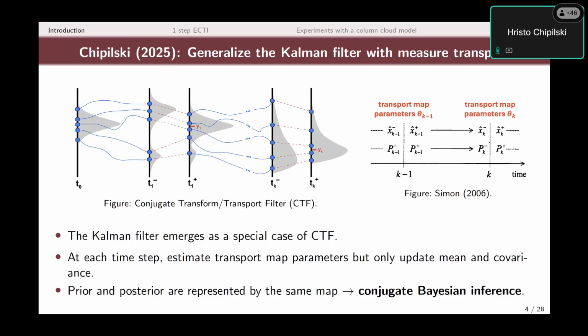This is known as conjugate Bayesian inference and has been inspiration for many similar filters, including the quantile conserving methods that Molly talked about, but also the gamma inverse gamma ensemble Kalman filters of Craig Bishop. We'll talk about this a little bit in detail later on.